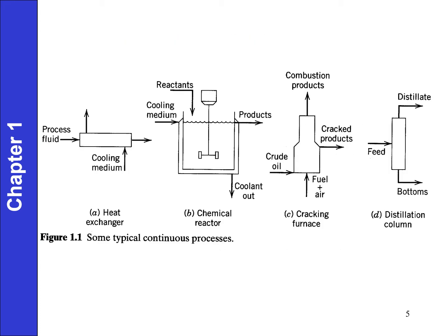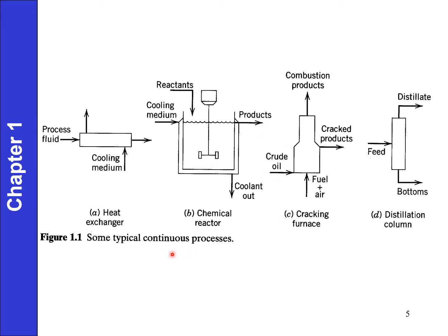After we learn about the control terminology, these are some typical continuous processes that need process control, such as a heat exchanger, where there is cooling medium and process fluid. Second is a chemical reactor, where there are reactants, cooling medium, cooling out, and the products.